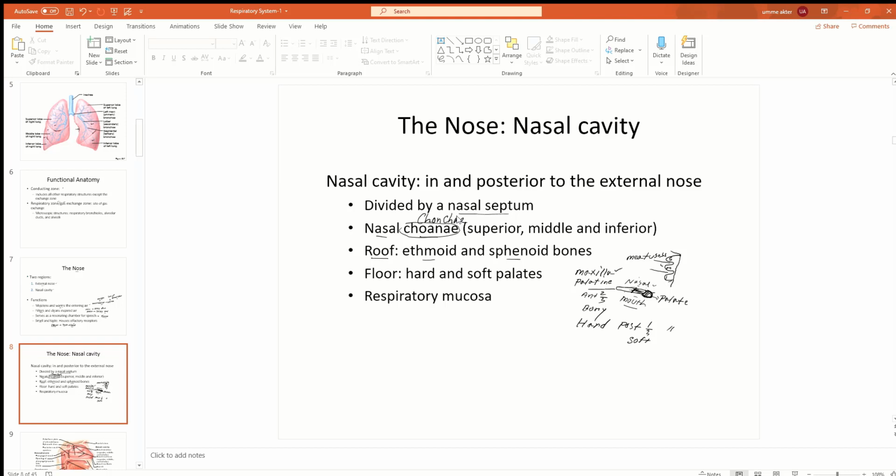Okay, so the maxilla and palatine, these two bones form the hard palate. And the lining of the nasal cavity is the mucosa that I mentioned before.